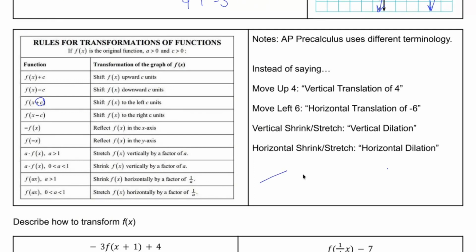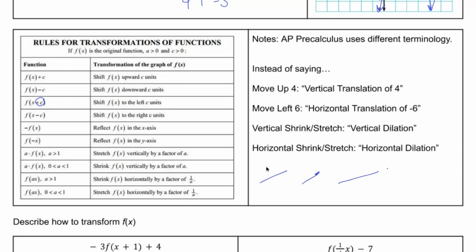So if it looked like this, it's now going to look like this. So the height stays the same, so let me make it a little bit longer. The height stays the same, it looks steeper, which it is, but it actually gets skinnier. That's if you multiply a 2 to it. If you multiply a half to it or a quarter to it, actually what's happening is it's becoming wider.